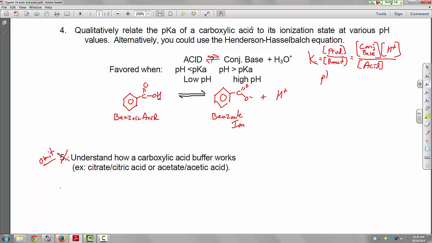pKa is really nothing more than like pH. It's the negative log of the Ka. So the Ka is a value for benzoic acid. I believe it's something like 6.5 times 10 to the negative 5th. Something on that order.